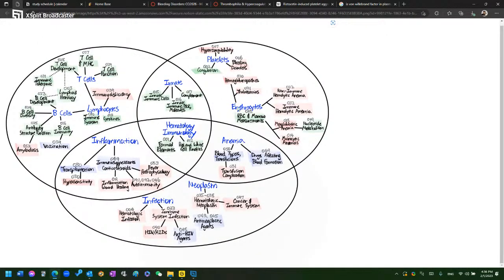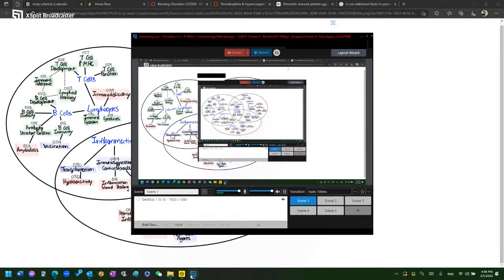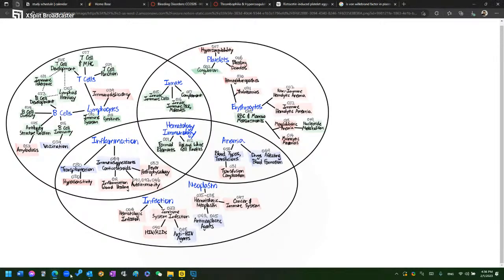So now we're here. So next we're going to talk about, we're probably going to talk about thalassemias and hemoglobinopathies. Yeah, we'll talk about those.